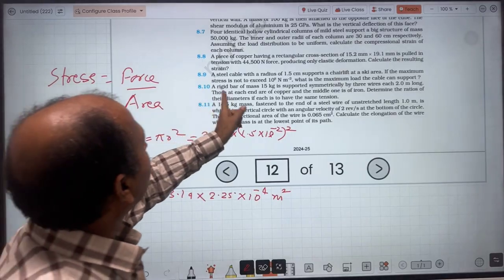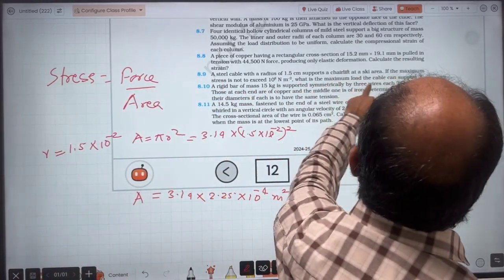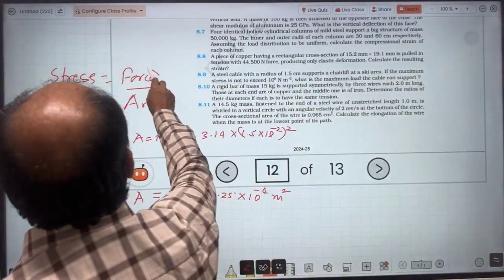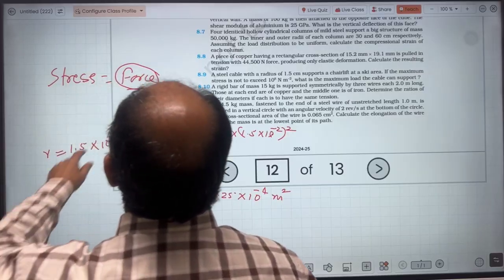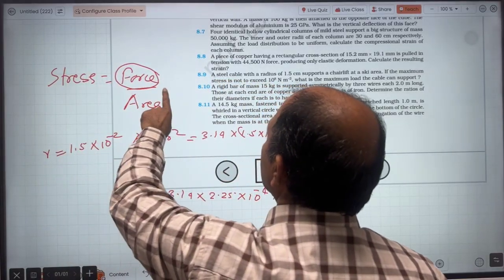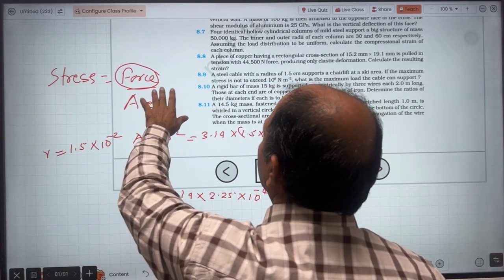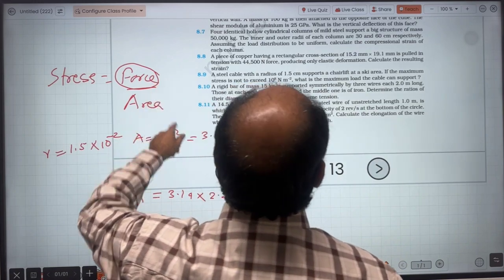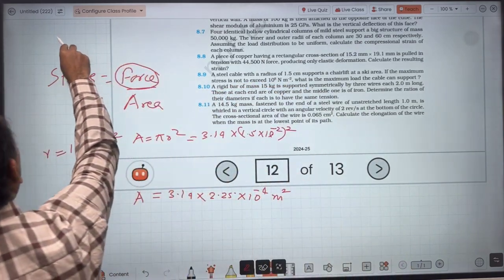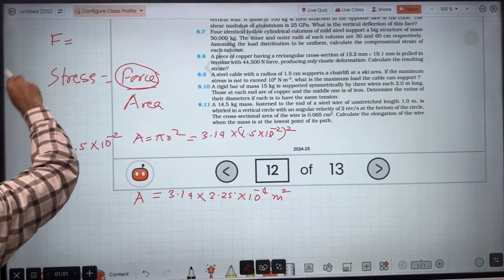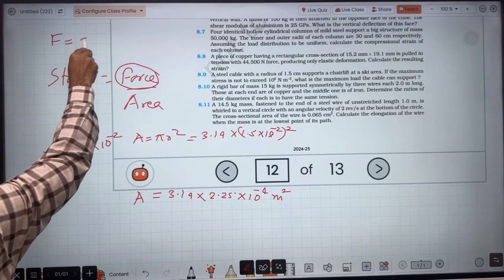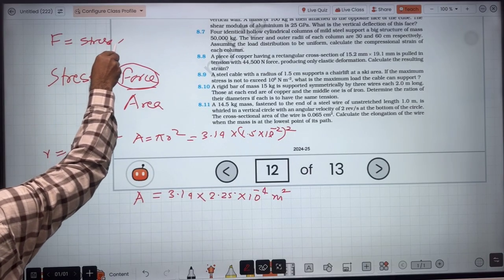Now we need to find the maximum load. Let's find the force, then we can convert it into mass by dividing by 9.8. We can do that later, but first, force is equal to stress into area.